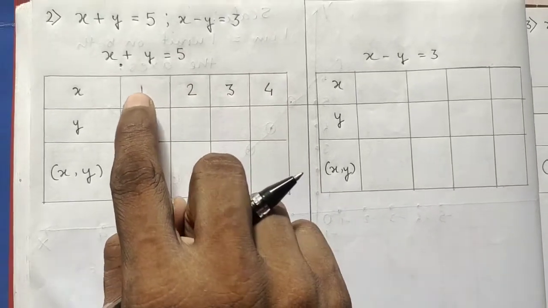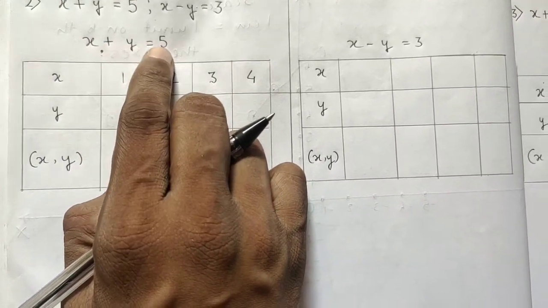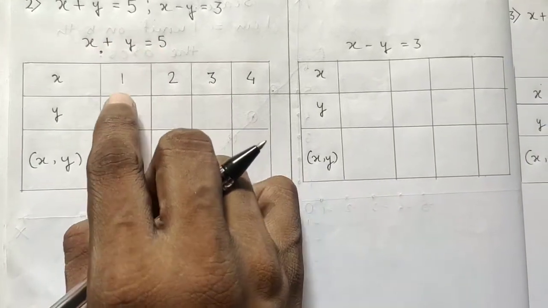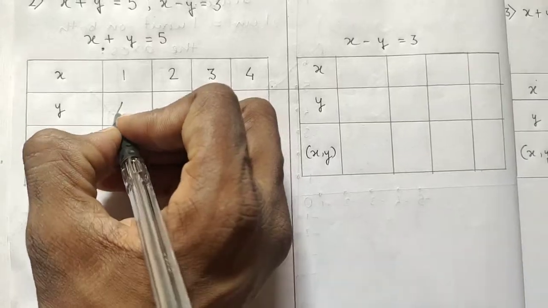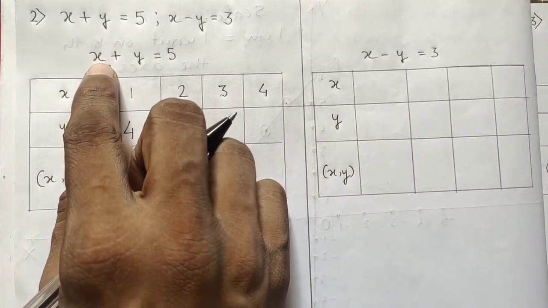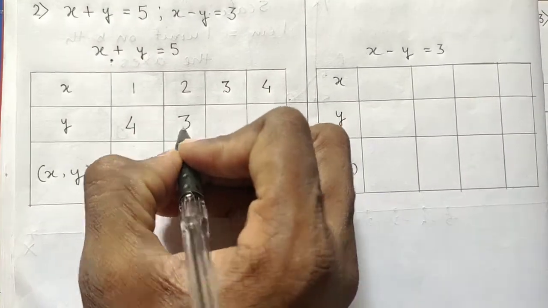Okay. Now, suppose in place of x, 1 is there. So 1 plus what gives you 5? This has to be 4, na? Because 1 plus 4 gives you 5. So obviously we are getting y value 4. Similarly, if x value is 2, what will be your y? 3, because 2 plus 3 gives you 5.